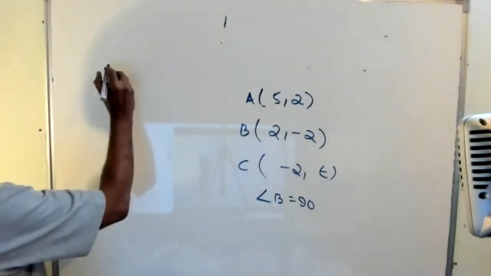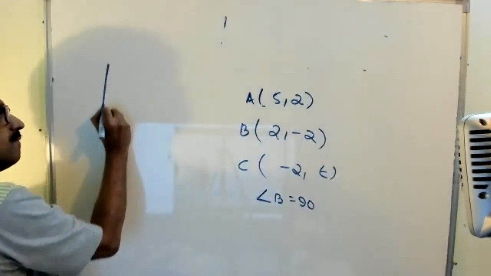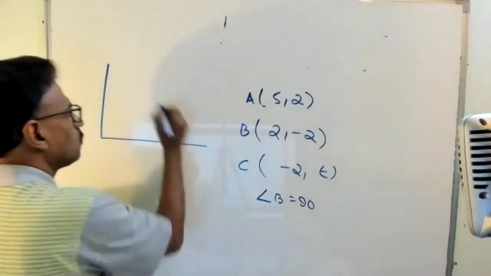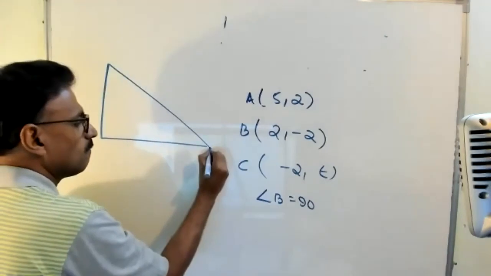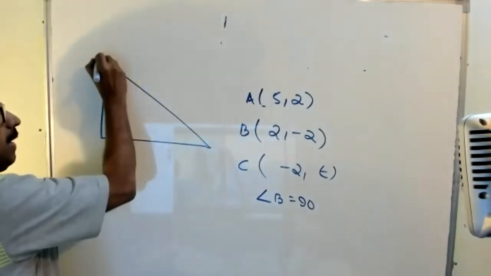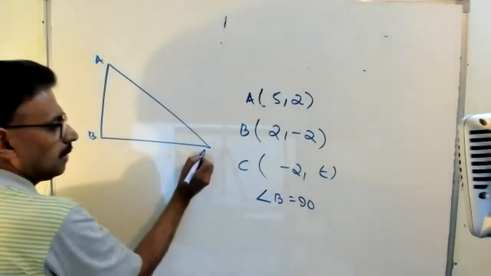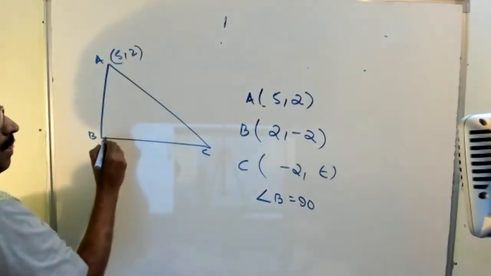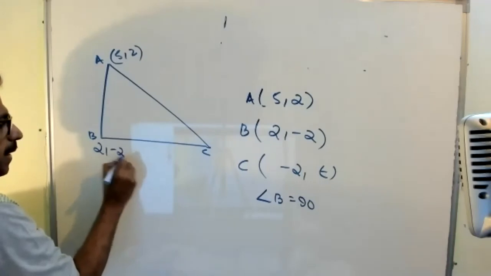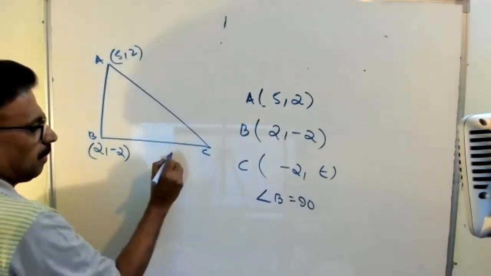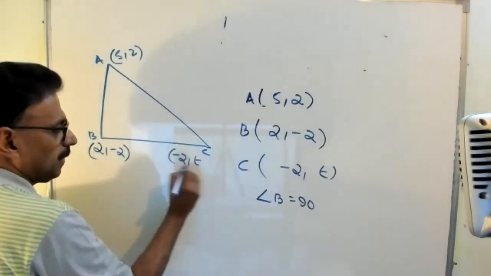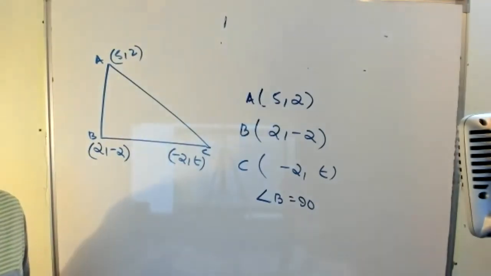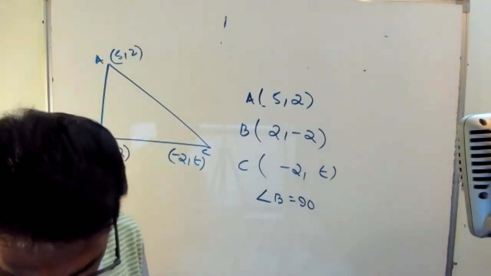So here, look. A, B, C: (5, 2), (2, -2), (-2, t). Let me check.